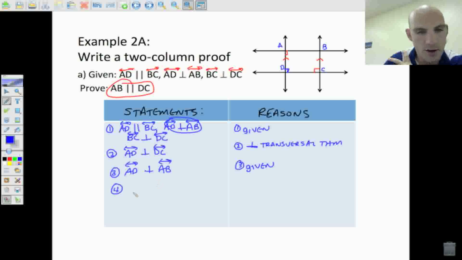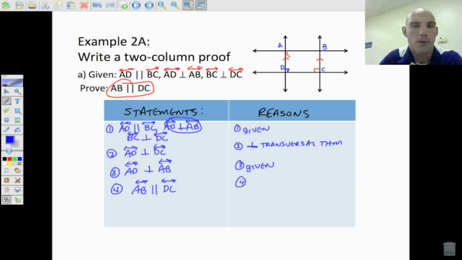Okay? So now what I'm going to be able to say is AB is parallel to DC because if one line is perpendicular to two separate lines, then the two lines that we are perpendicular to must be parallel. Okay?